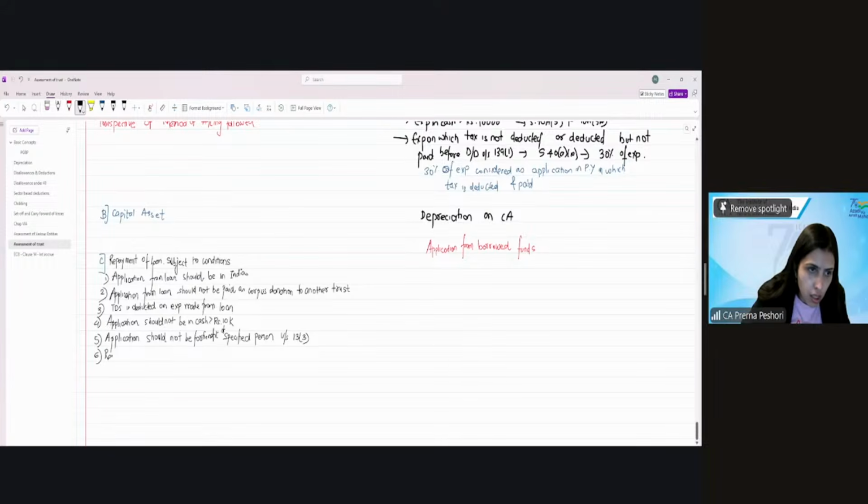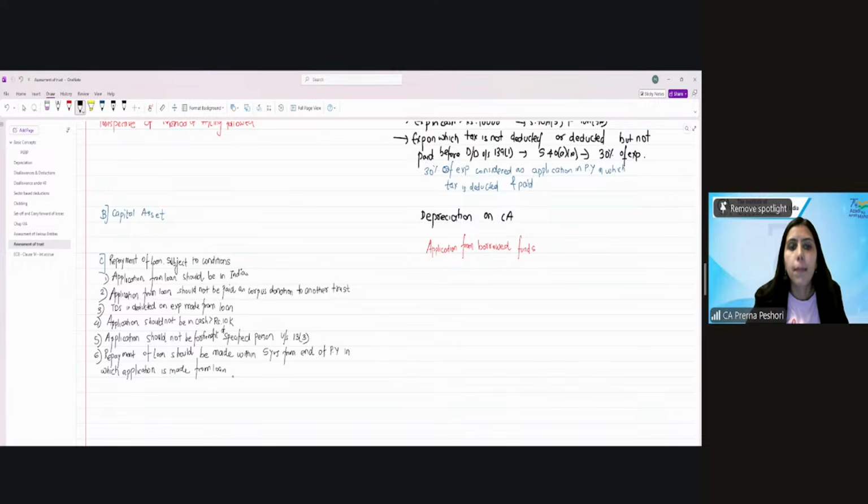So, repayment of loan, clear? Now, who is a person referred to in 13(3)?